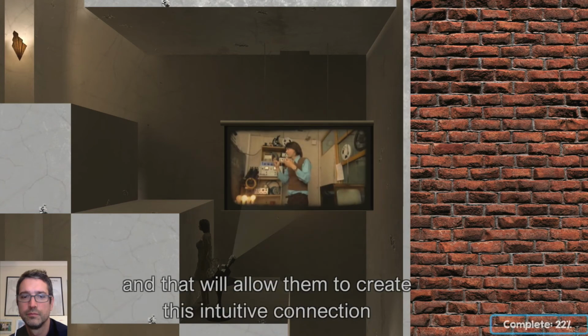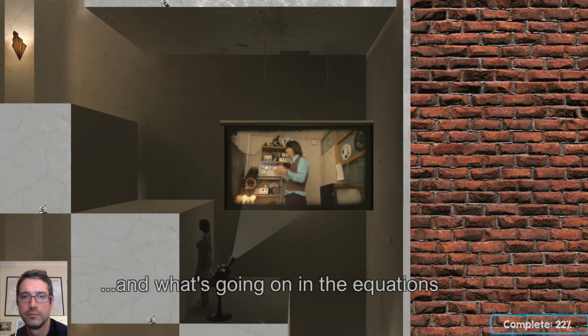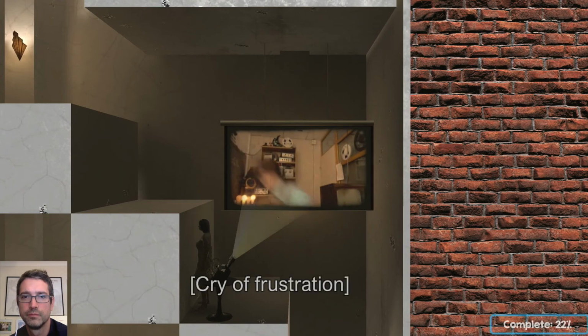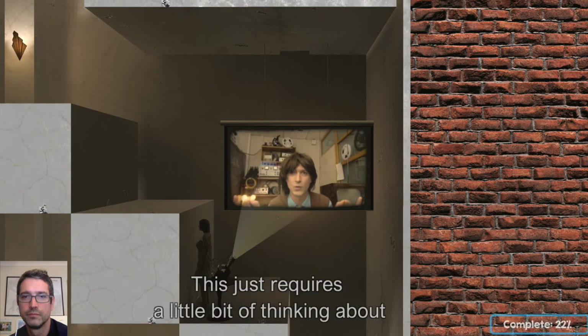And that will allow them to create this sort of intuitive connection between what's going on in the wires and what's going on in the equations. Madness. This just requires a little bit of thinking about.